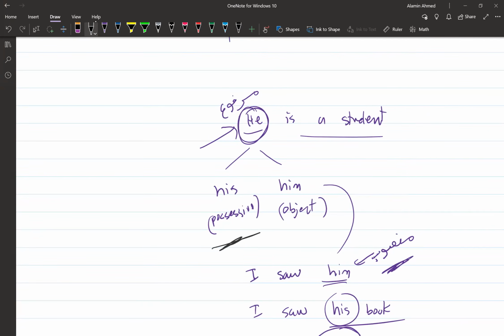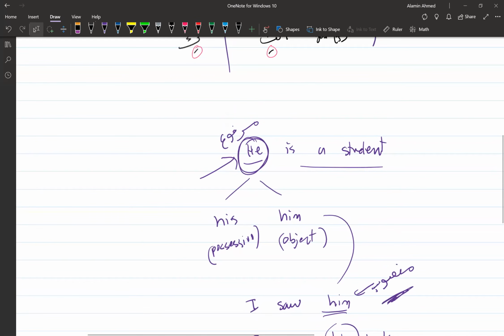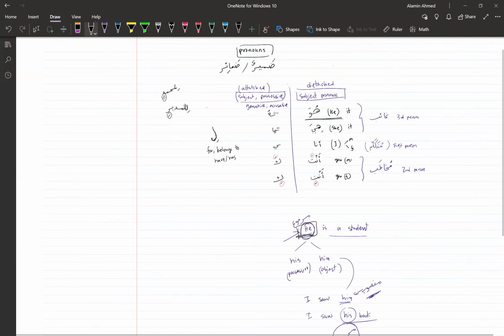We have to say it is for him, or it's his. Looks like you can probably use him for both situations, right? But basically, we cannot use this form. We cannot say it is for he.